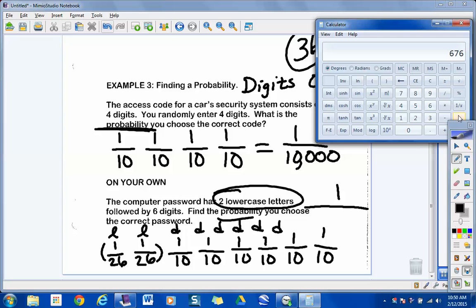What have I got here, guys? 676. When I start multiplying by 10s now, I just start adding what to the end of it? Zeros. So how many zeros does it look like I'm going to add? 6 of them, right? All agree? So I'm going to multiply this by a 1 followed by how many zeros? 6.